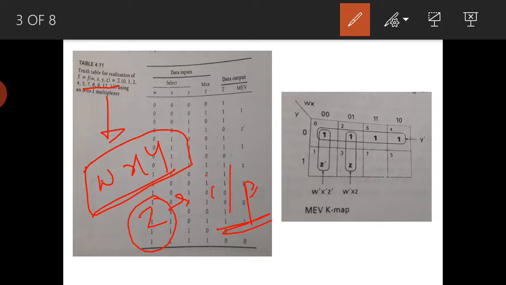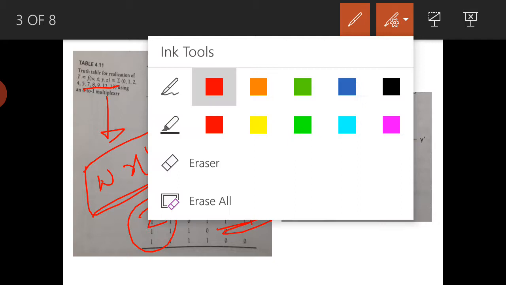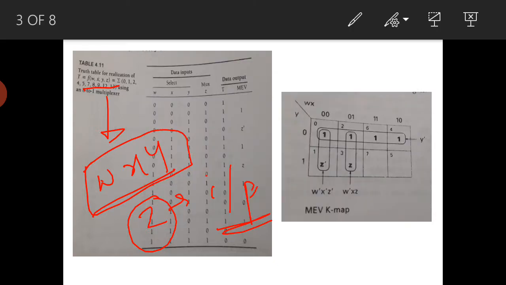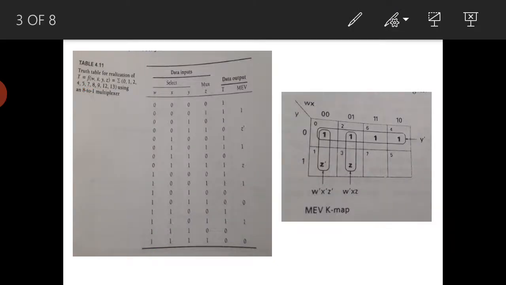We can do this with the MEV technique, that is map entered variables.